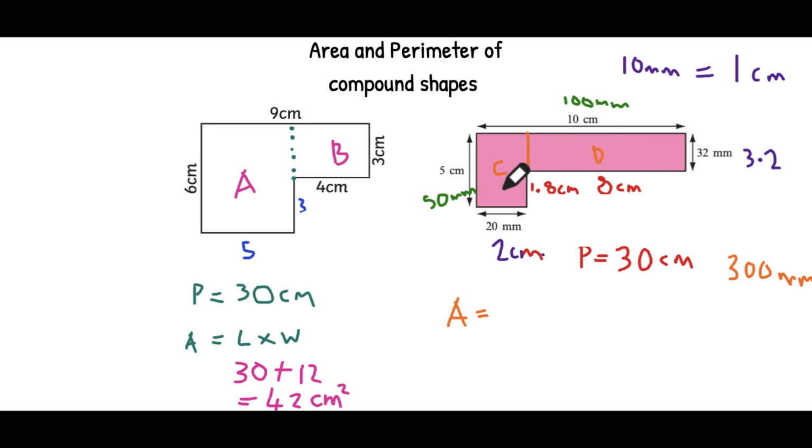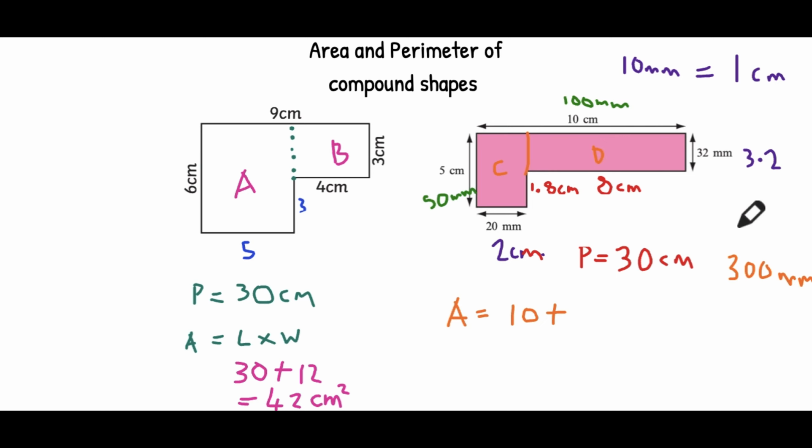Rectangle C has a length of 5 and a width of 2. So 5 times 2, that's 10. Plus this side, we have 8 and we have 3.2. So you can say 3.2 times 8.